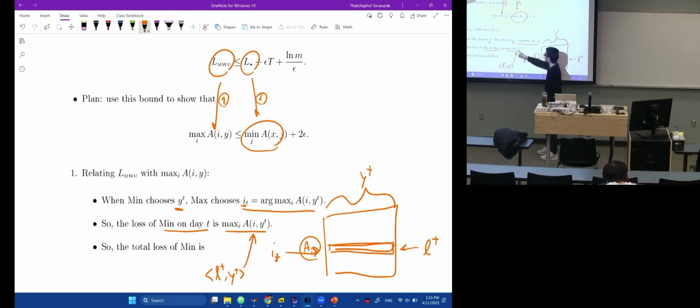This is just the loss if the max player chooses i and we choose y_t. But the max player just tries to maximize this thing, choosing the maximum i such that this is maximum.